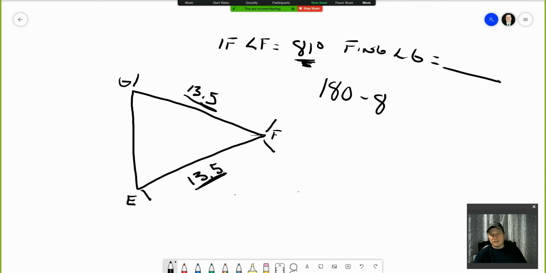Yes, that's exactly it. So 180 minus 81 is 99. Divide by 2, which is 44.5 degrees. So identify the triangle. That is number one, and that will help you.